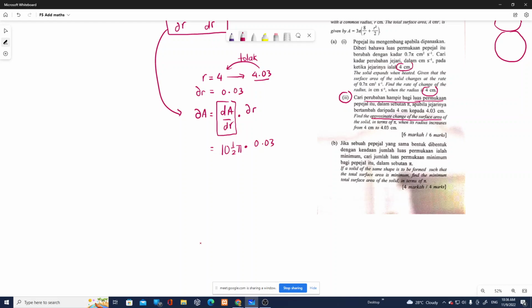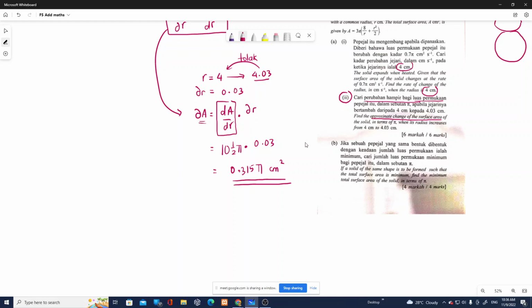Okay, so multiply these two, you get your answer. 0.315 pi. And delta A is cm square. Okay, areas, luas. So unit luas ialah cm persegi.